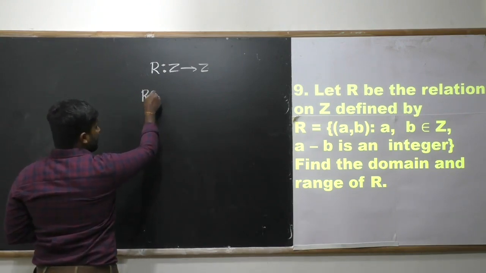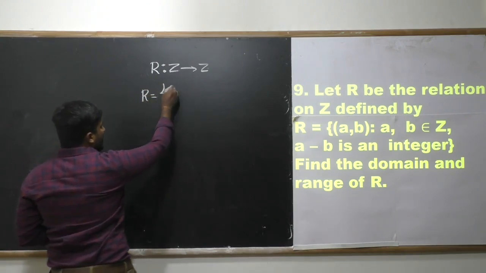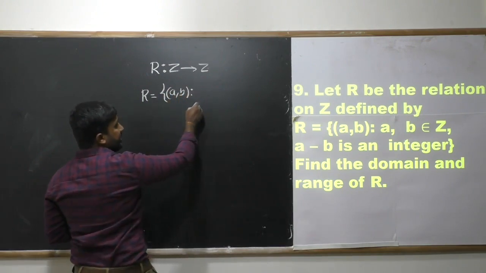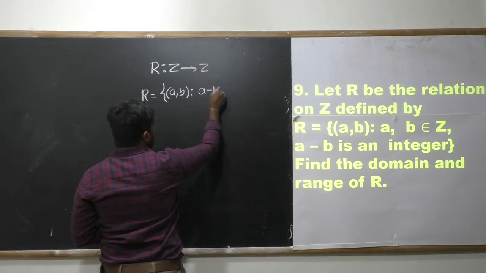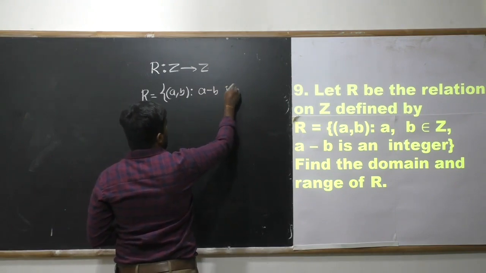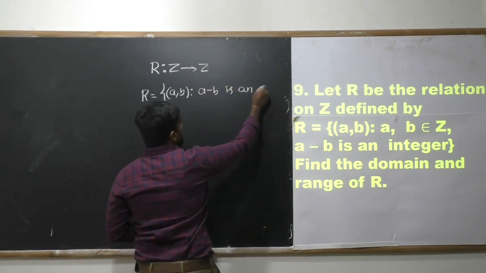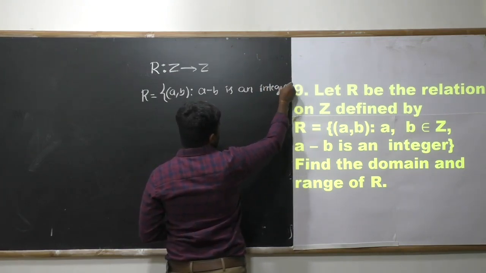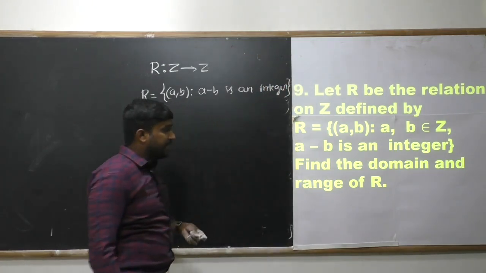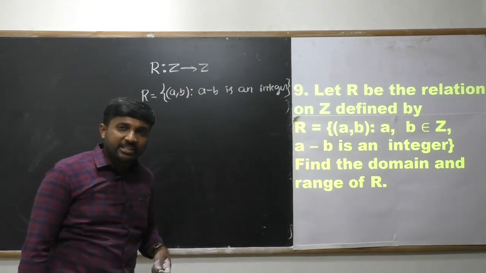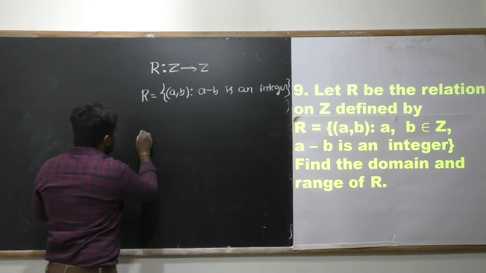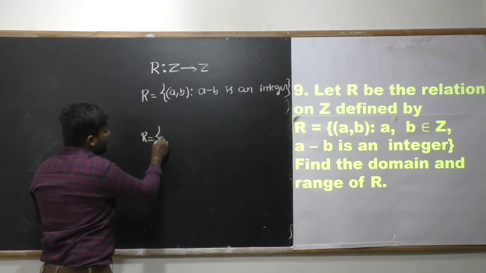R is equal to set containing ordered pairs A comma B such that A and B are integers, where A minus B is also an integer. What is the domain and range of the relation R? Okay, now what are the elements of this relation R?